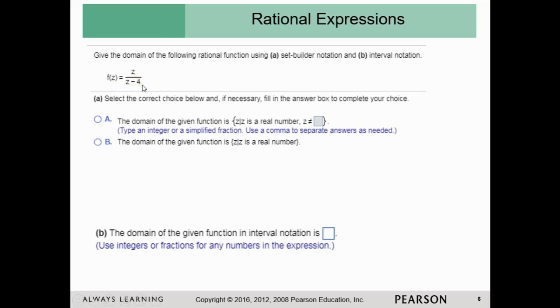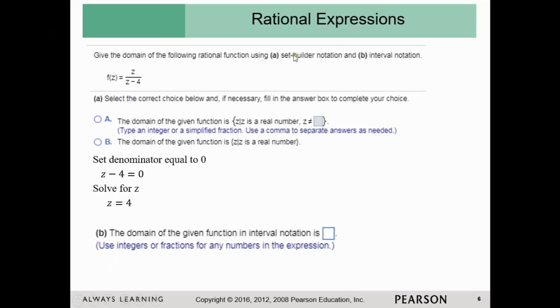Remember, we exclude values that make the denominator 0. So we set the denominator equal to 0: z minus 4 equals 0. We solve that for z and get z equals 4. 4 is the excluded value.